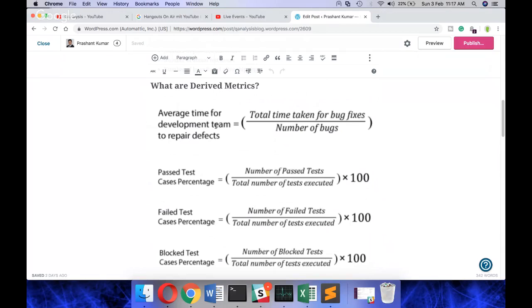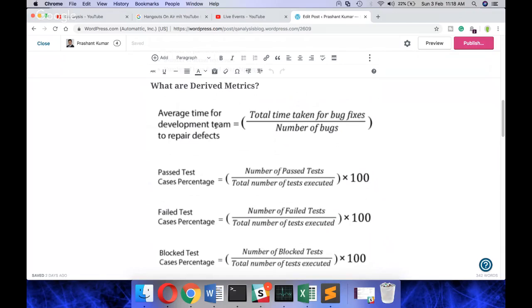Failed test cases percentage is on a similar line. The number of failed test cases divided by the total number of tests executed, into 100, will give you the failed test cases percentage. For example, in the previous one, I took 10,000 test cases in total. Let's say 900 failed and 100 are blocked.